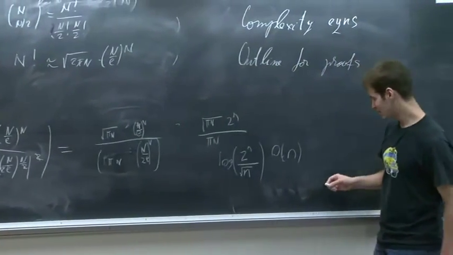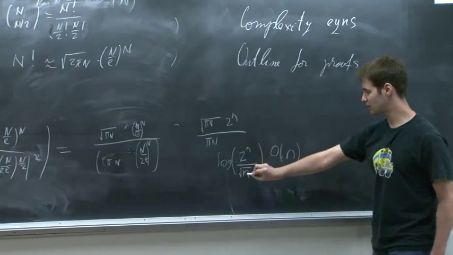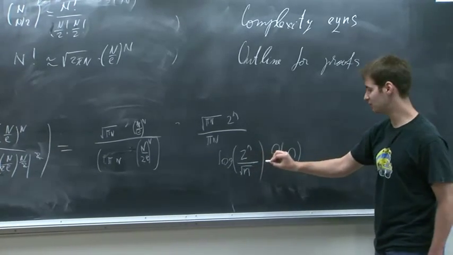Thanks for the help. So you can get rid of the pi as soon as you want to, and this is the last step. I just want to say it again to make sure everyone heard it.